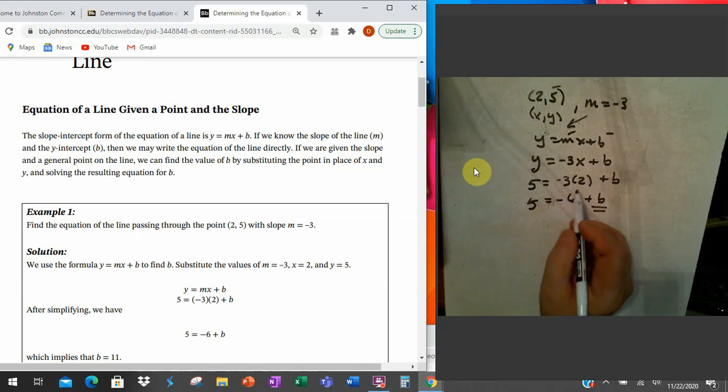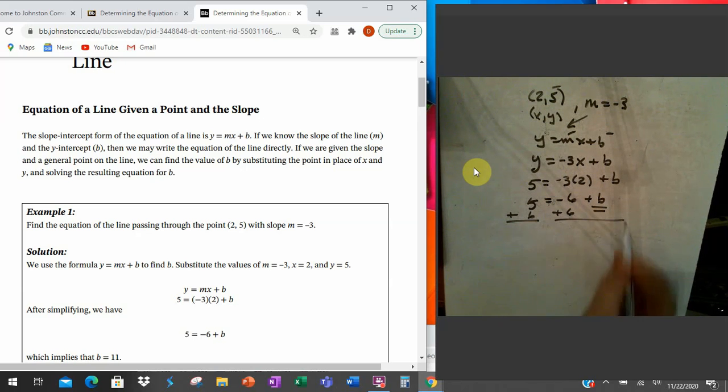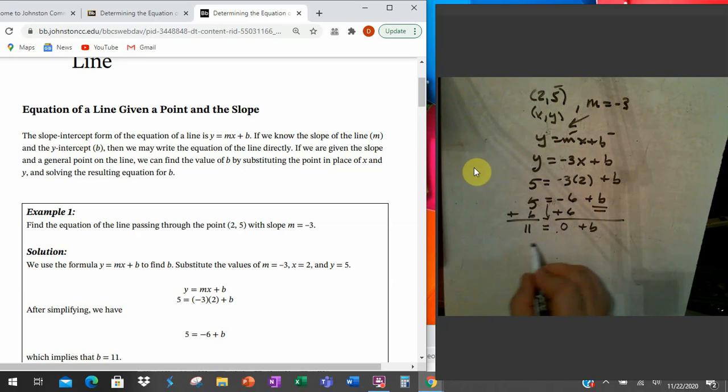And in order to get rid of that -6, I want to add 6 to both sides. Keep my equals straight down. So 5 plus 6 is 11. The -6 plus 6, well, that's just 0 plus b, and I don't want to carry that around all the time, and that's just 11 is equal to b. Okay, so then I just take this down, and now I can rewrite it. y is equal to -3x plus 11. And that's how I do that one.